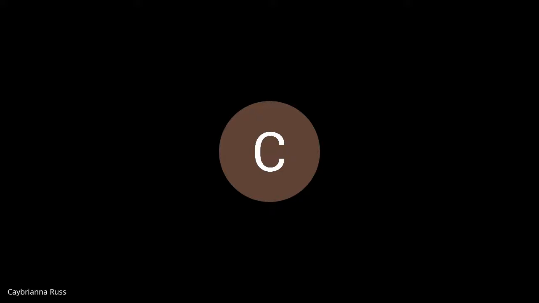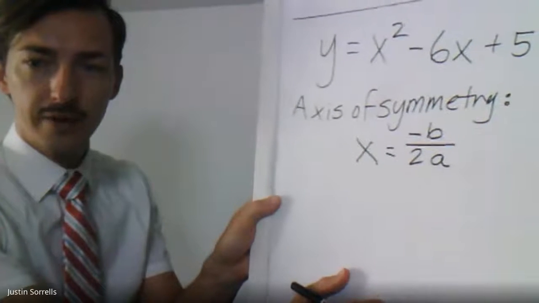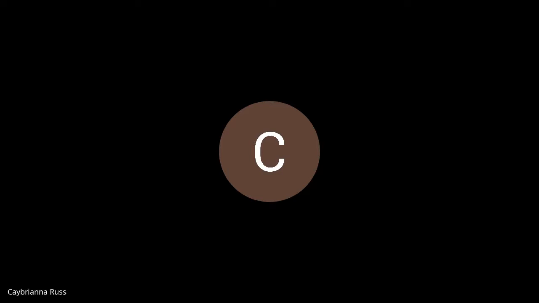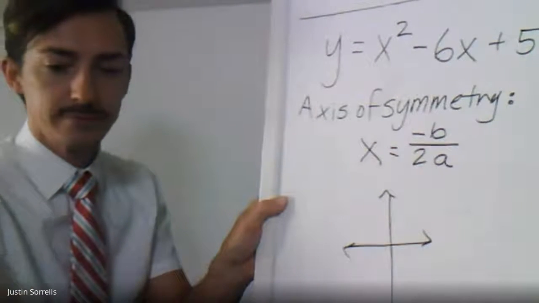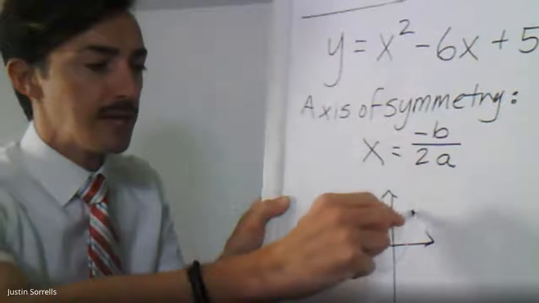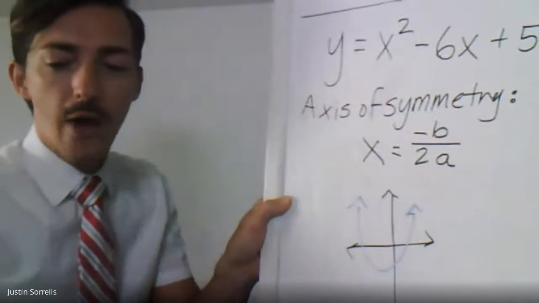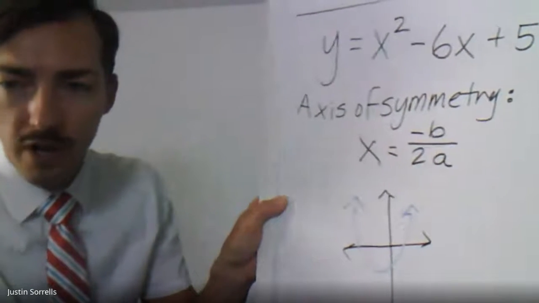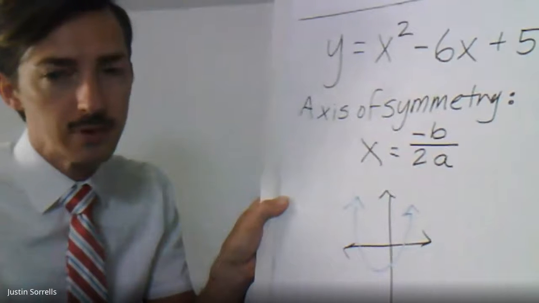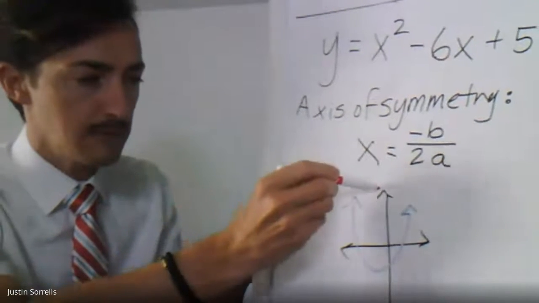Okay. I'm going to bring it up right here. Now, when we draw our x and y axis, and we draw a parabola in, okay? Our axis of symmetry, if you've already watched the videos, you'll know this. Our axis of symmetry cuts the parabola in half.